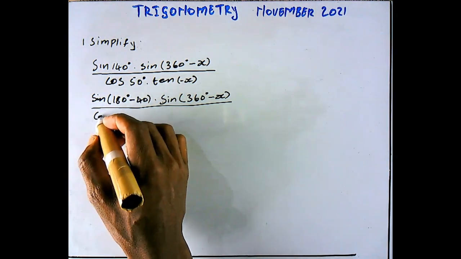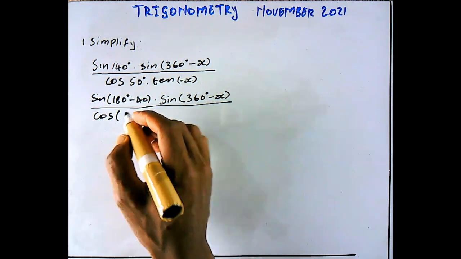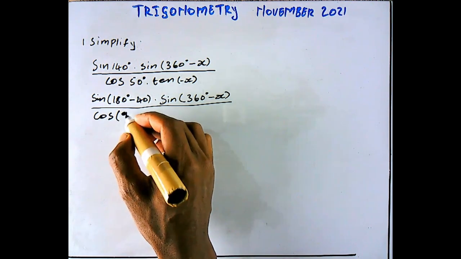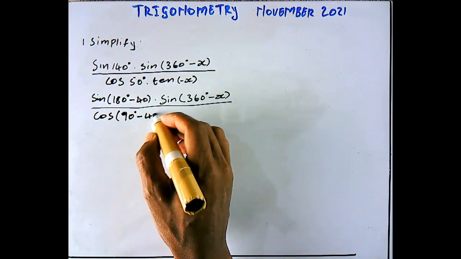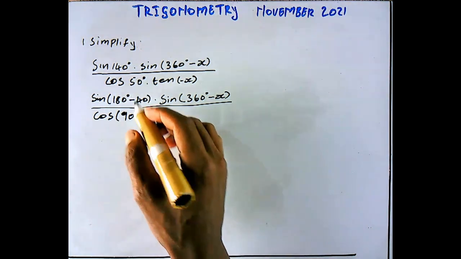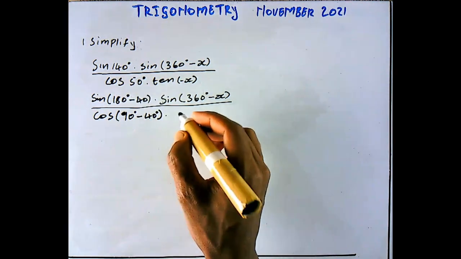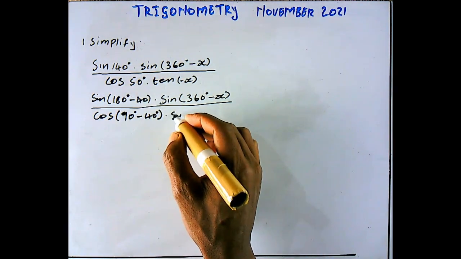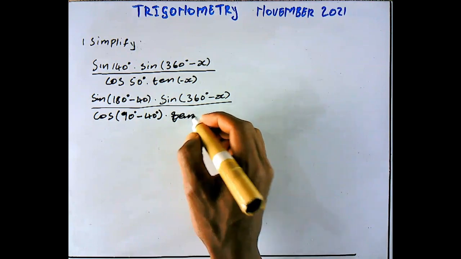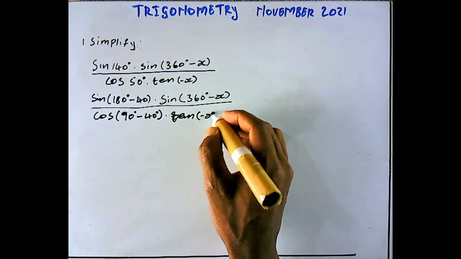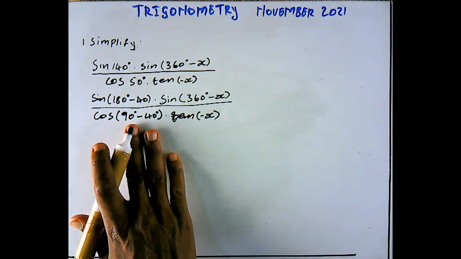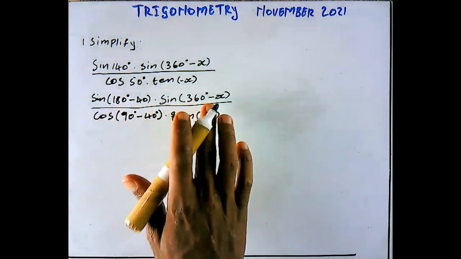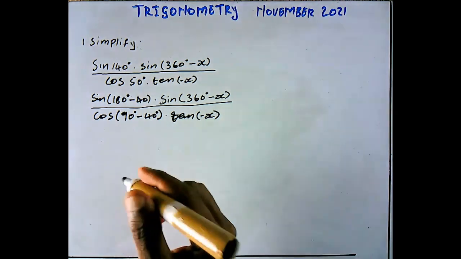In cos 50 I can write cos (90 minus 40), which is the same as 50, multiplied by tan of minus x.